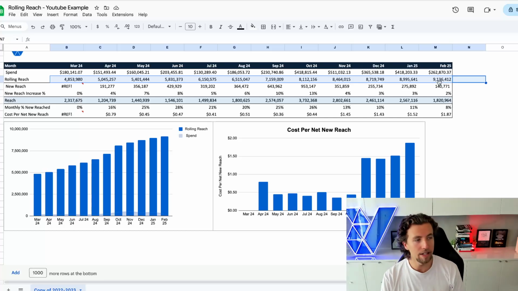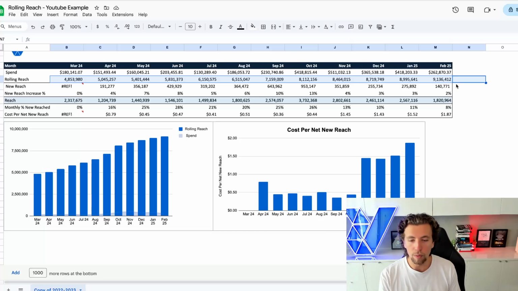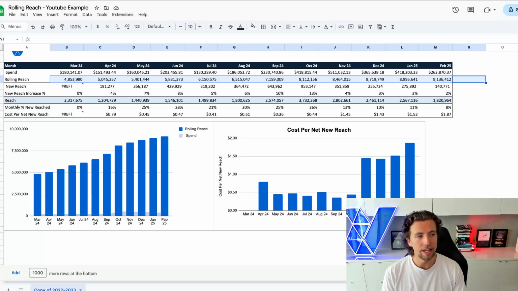Instead, the other campaign types are probably an effective way, theoretically, and we don't have the incrementality studies to back this up yet, but we're working on them and we will release them once we have them, is that theoretically we could use these other campaign types to reserve to the 9.1 million people that we've already reached, but at a much lower CPM. And so I think that's a much more compelling argument, and the phrasing of that argument is a lot better than that we're just trying to get our rolling reach up.